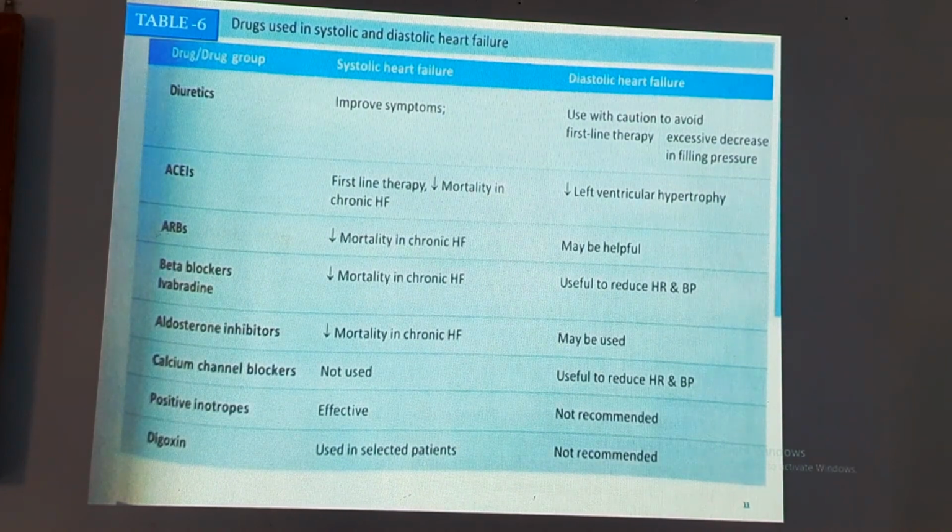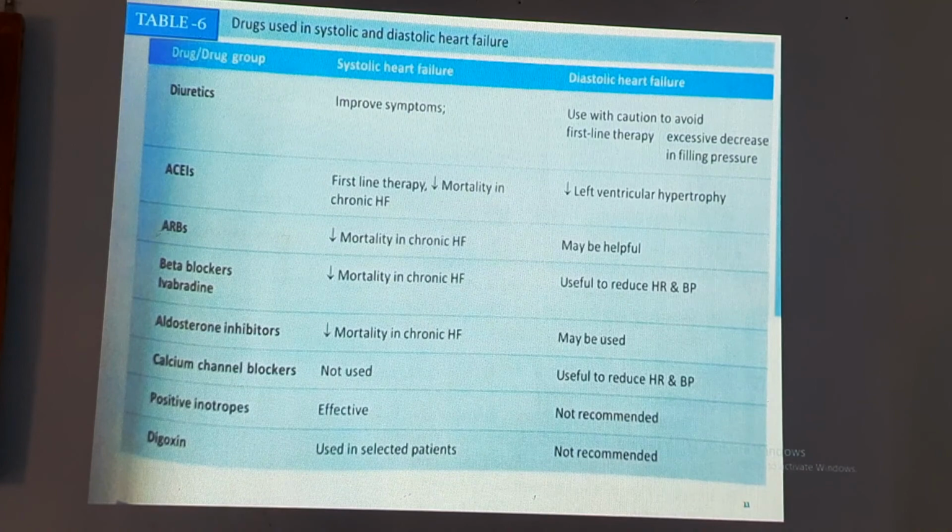For diastolic heart failure, they decrease left ventricular hypertrophy. So ACE inhibitors are effective in both systolic and diastolic heart failure.